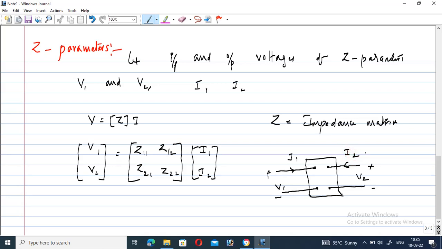Let us consider this as the two-port network representation for the Z parameters.